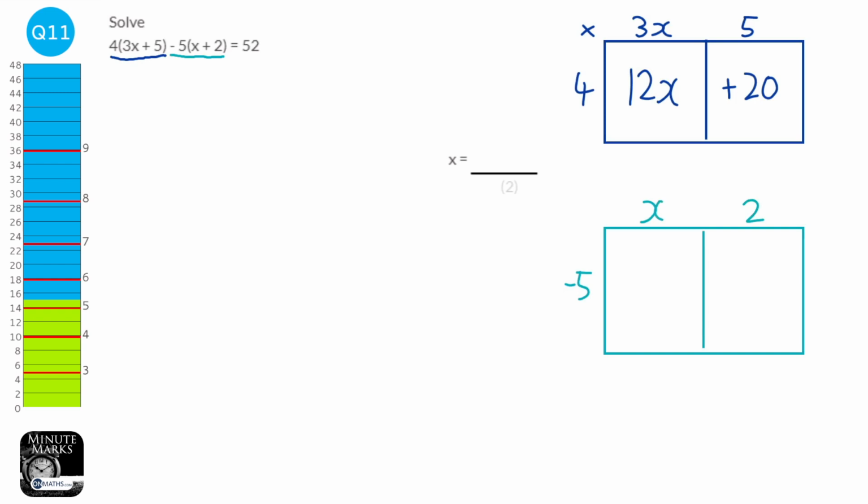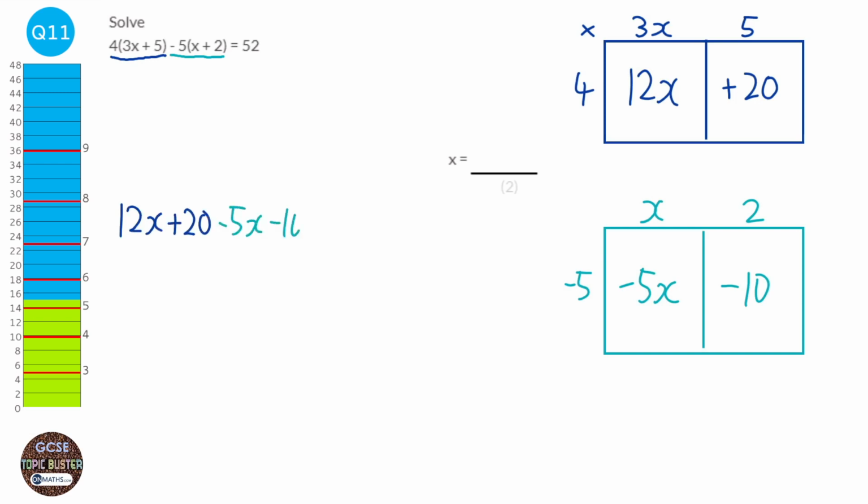So minus 5 times x is minus 5x. Minus 5 times 2 is minus 10. So when we put it all together, we get 12x plus 20 minus 5x minus 10. And then the rest of it is just equals 52.